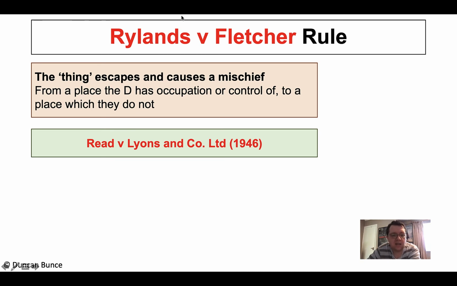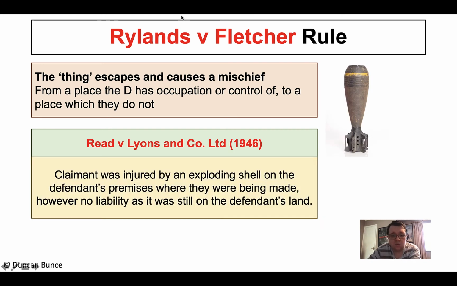And the key case here is Read v Lyons and Co Limited, quite an old case, but here it was to do with munitions. The claimant was injured by an exploding shell on the defendant's premises where they were being made, but no liability as it was still on the defendant's land. So the thing, although it escaped, hadn't escaped the defendant's land.